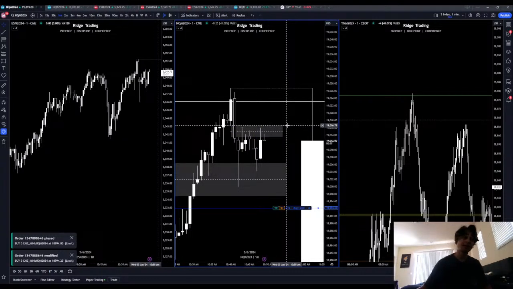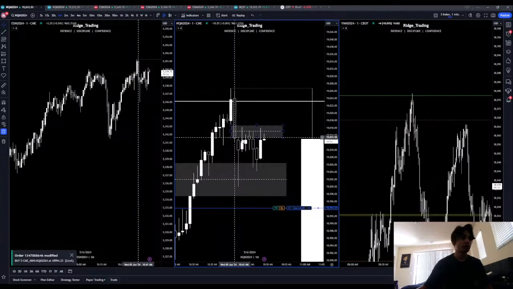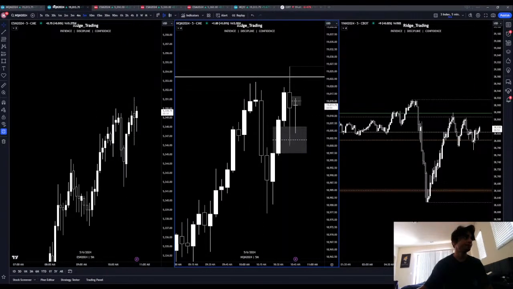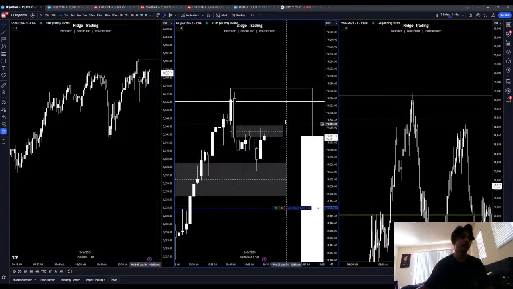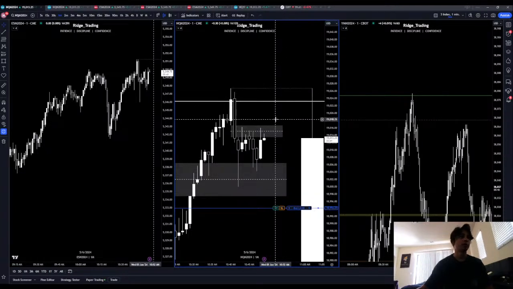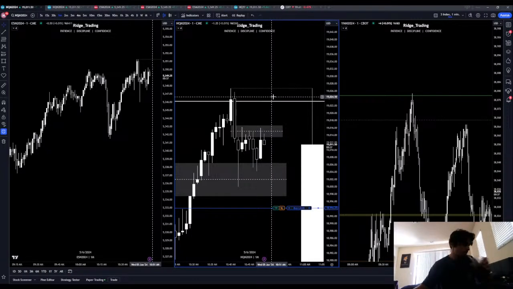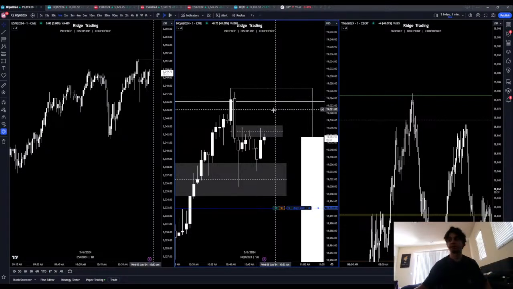Not a terrible setup, just because this is showing significance as we're rejecting down, and we're also bouncing off the 5 minute. So now, if we do get above it, it should be a pretty clean run for at least 27, right? Does that make sense?